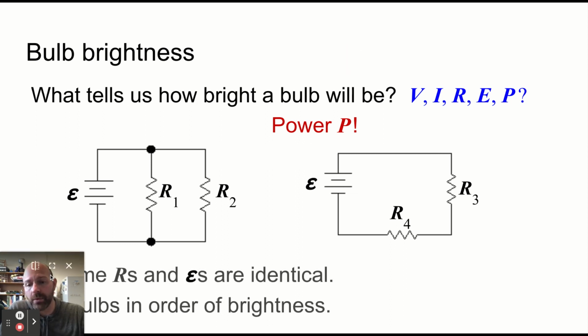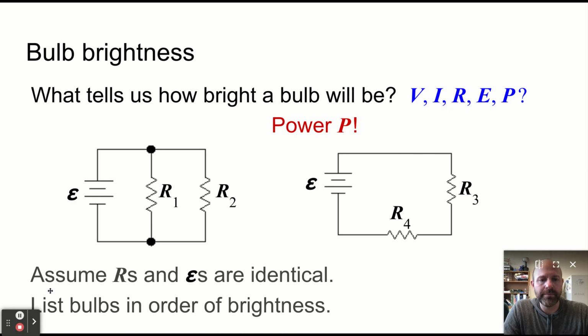And power is current times voltage. So if all of these are identical, and you imagine what would happen here, in the parallel circuit, both resistors, or both light bulbs, have the full voltage. So they can also have as much current as they need according to Ohm's law, and that will give you something fairly bright.